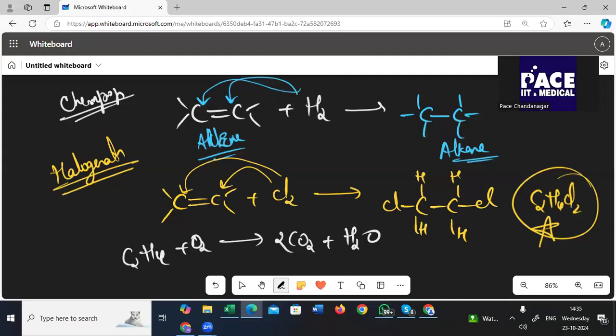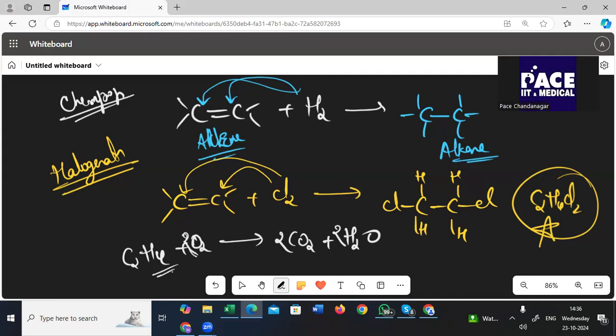Here it is 2 and 4 hydrogens, 2 here, and 2 oxygens here, how many? Here we have 2 and 2, 4. So put a 2 in front. That's it, balanced. This is your property, your combustion of C2H4.